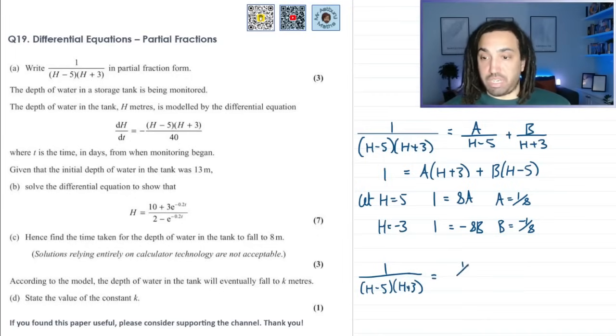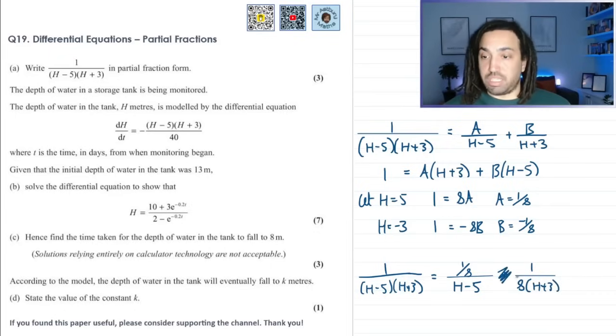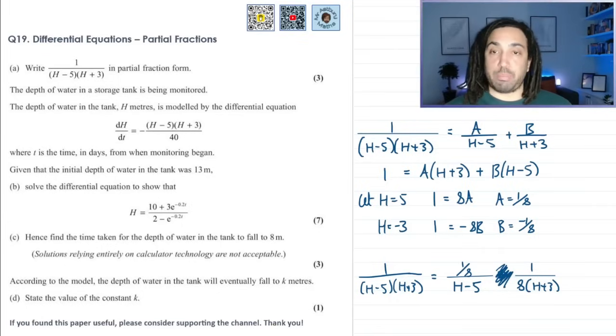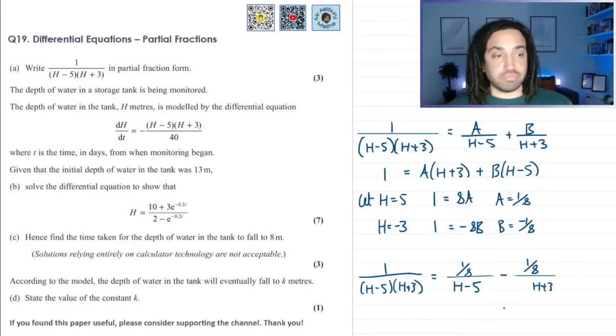You could write it as 1/8 over h minus 5, or you could write it as 1 over 8 lots of h plus 3. But the b term is negative, so this should be a negative. And in fact, I am just going to write it in the same way as I did the first one. So minus 1 over 8 would be correct.